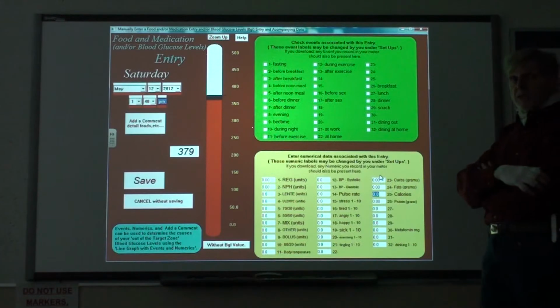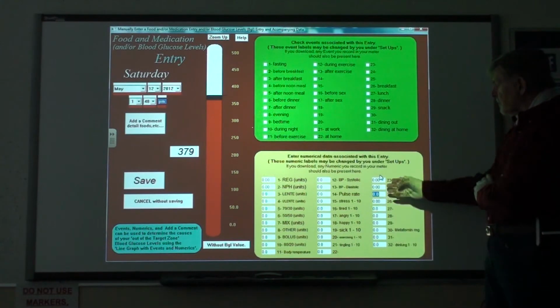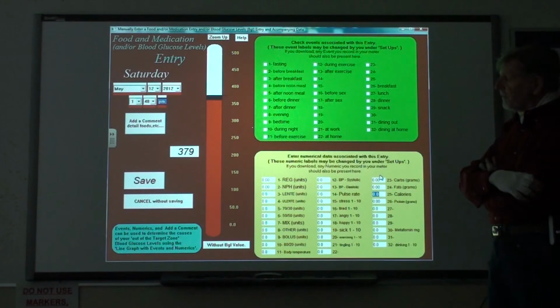If your meter does, then it can be punched into the meter and downloaded. Otherwise, you should take the notes whenever you take the reading, and when you do download the meter at a later time, then you can refer to your notes and enter these numbers at that time. Also, if you want, you can make your entries directly into this screen without downloading your meter at all.